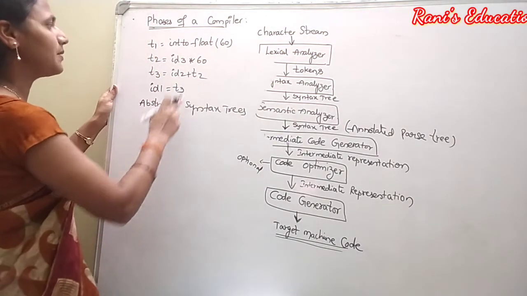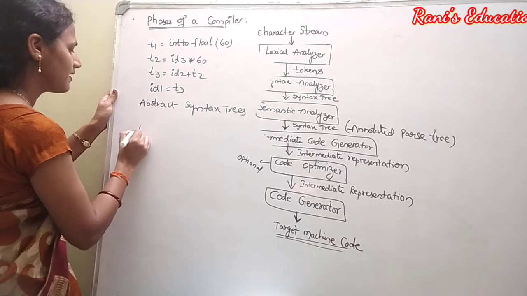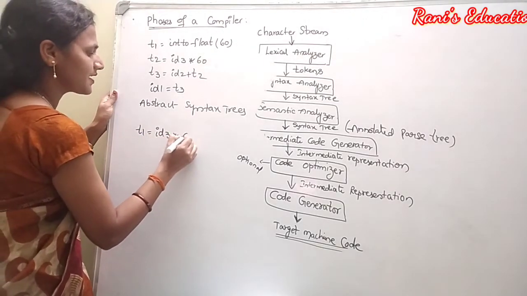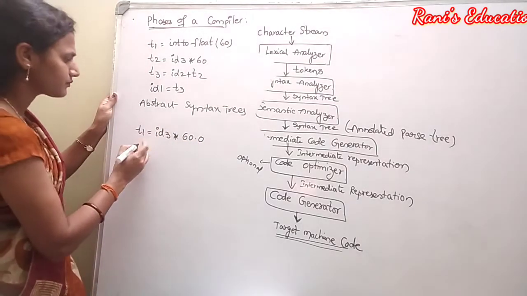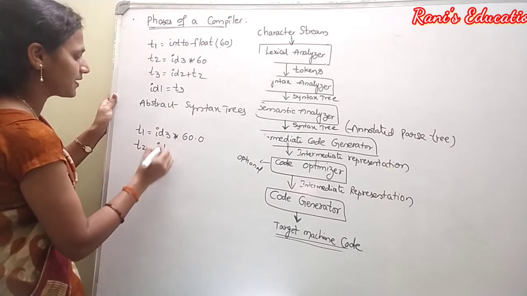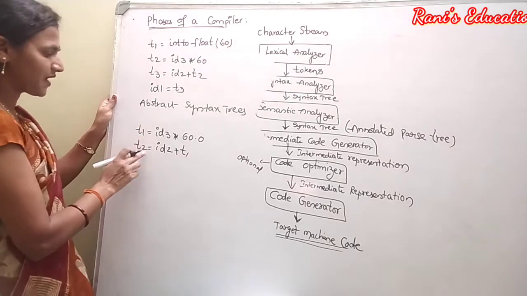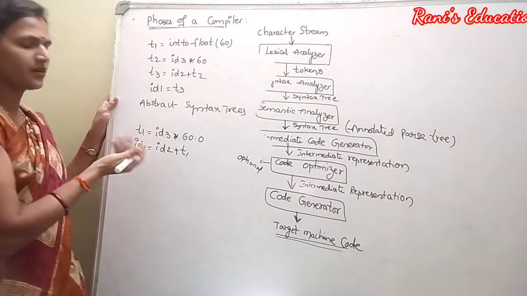Okay. Now what will be the reduced optimized code for this? I am going to write like this. T1 equals ID3 into 60.0, which is nothing but floating point, right? Then ID2 plus T1. So instead of taking T2 here, you are going to define ID1 directly as well. Nothing else.